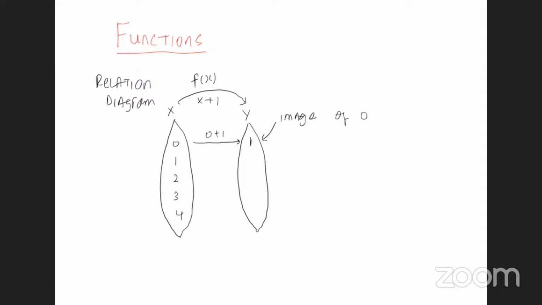And then sometimes they like to ask for the ordered pair. The ordered pair is 0, that's the x value, and the corresponding y value.